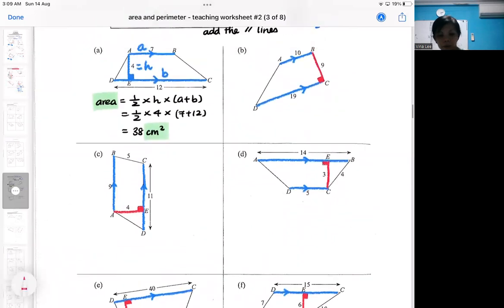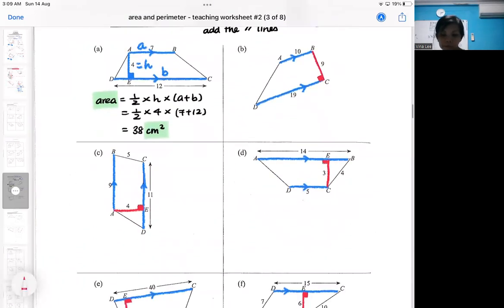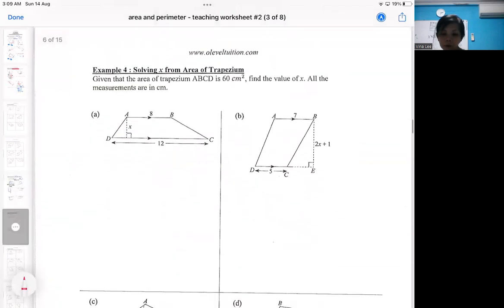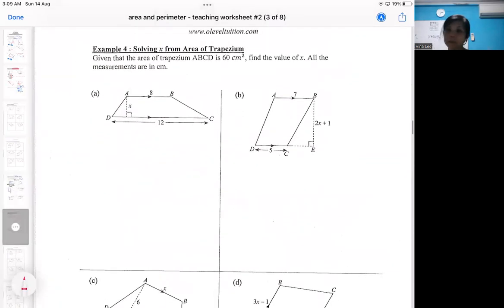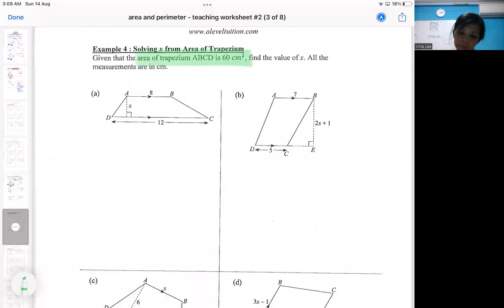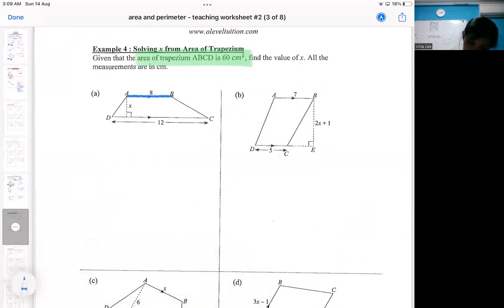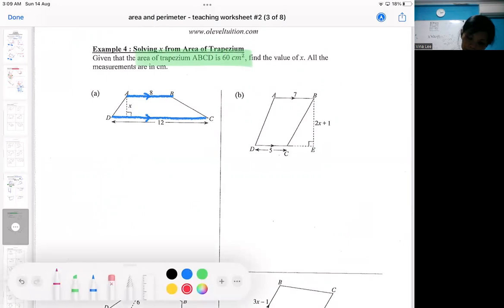So later on, please try to complete this page. Okay, so how are we going to solve? It will be the same steps. In this question, we are given that the area of the trapezium is 60. So same thing, let's look for the parallel lines first. Then we look for the height.